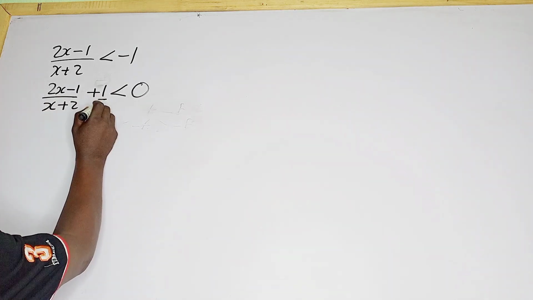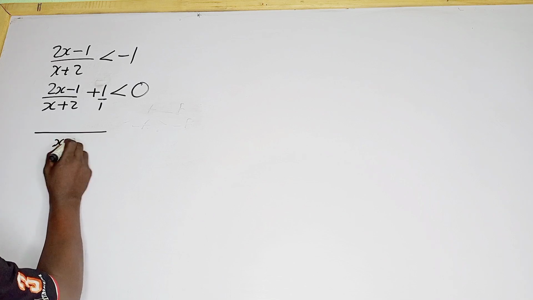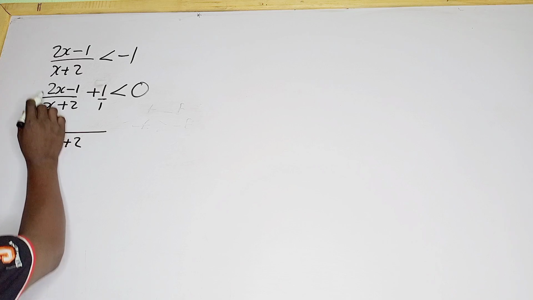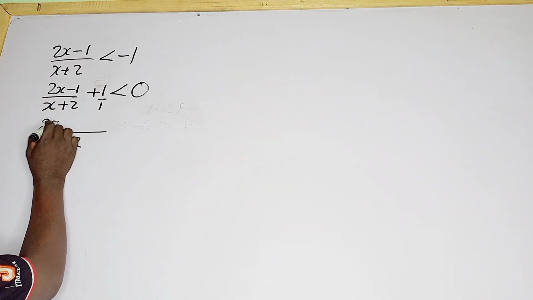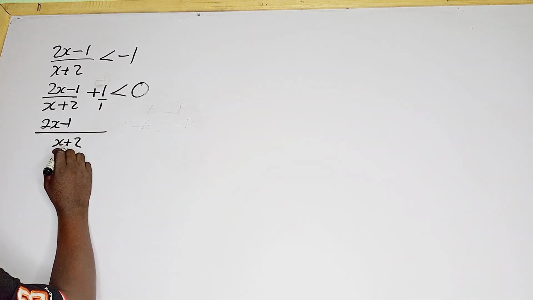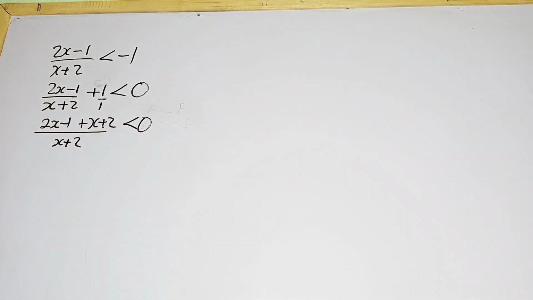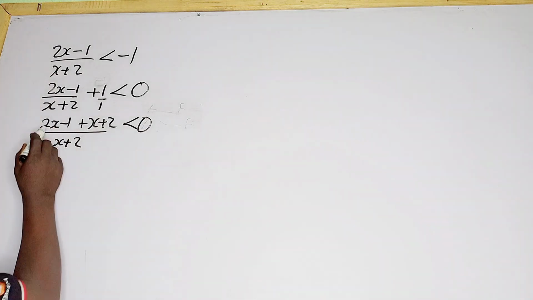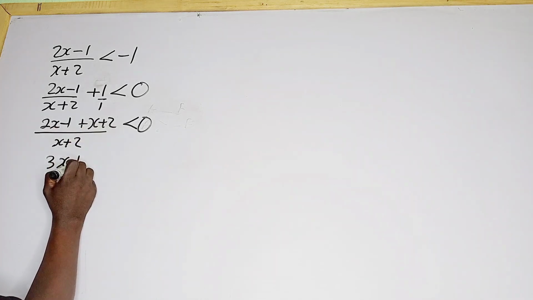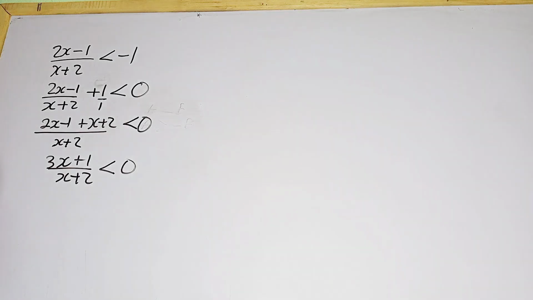We can write this 1 as 1 over 1, so that our LCM is x + 2. x + 2 divided by itself is 1, multiplied to the numerator gives 2x - 1. x + 2 divided by 1 is x + 2, multiplied by 1 is x + 2, less than 0. We have 2x plus x, which is 3x. Negative 1 plus 2 is positive 1. So we have (3x + 1)/(x + 2) < 0.